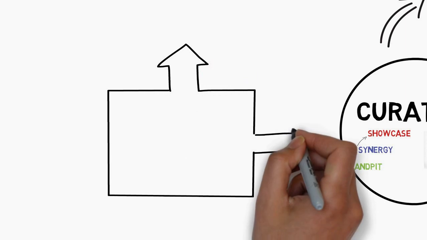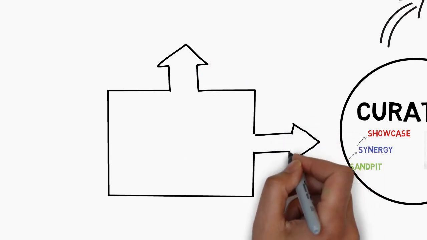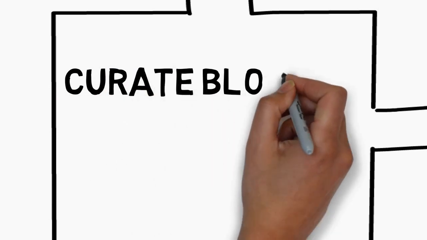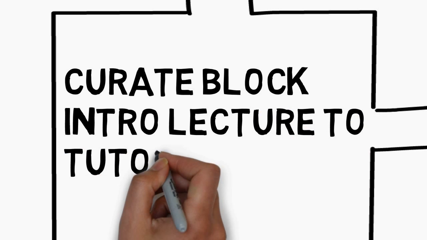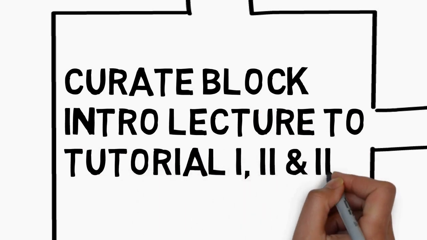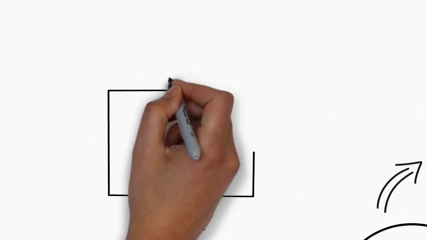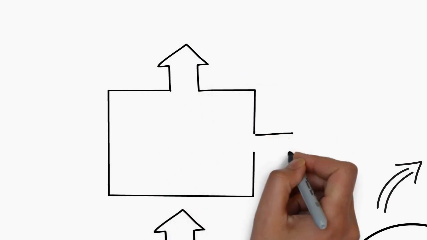The curate block will start off with the introductory lecture, which happens on week 1, and it will be followed by 3 tutorials. We will have a tutorial in week 1, week 2, and week 3, following the sandpit, synergy, and showcase.